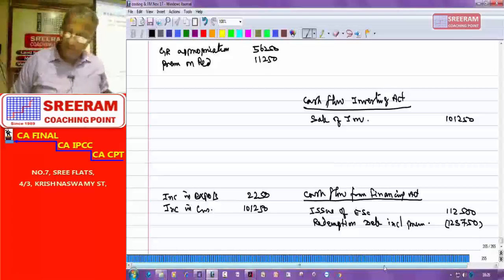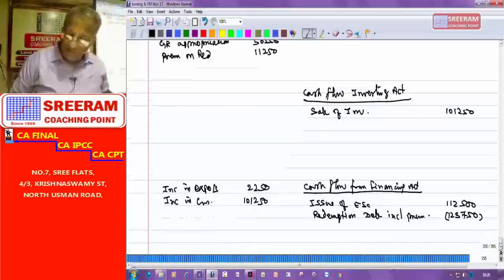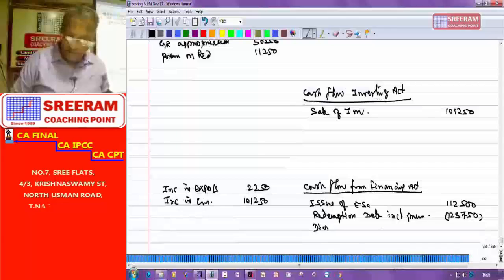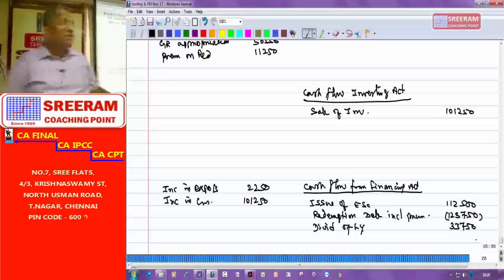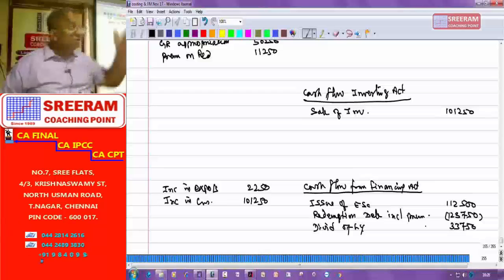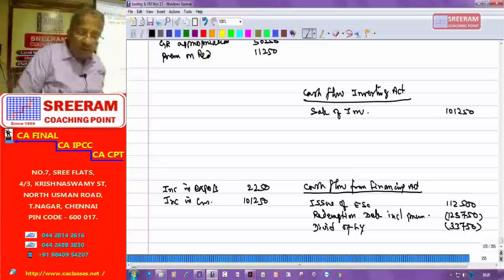Proposed dividend. Dividend of last year paid. How much? 33,750. Without brackets or with brackets? With brackets, because it involves outflow of cash. So current year provision.